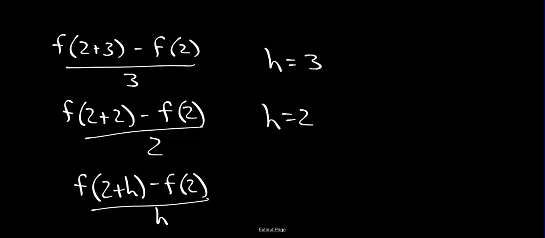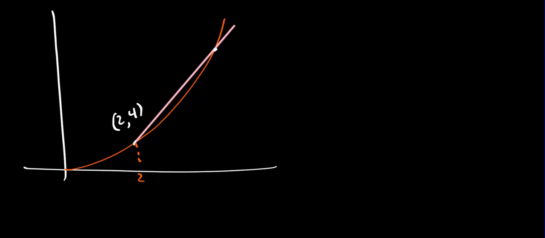So here's what I want to point out. We've got this function, and we've got this 2 right here, and we've got this point, right? So here we've got the point 2, 4, and here we've got the point 2 plus h, f of 2 plus h.